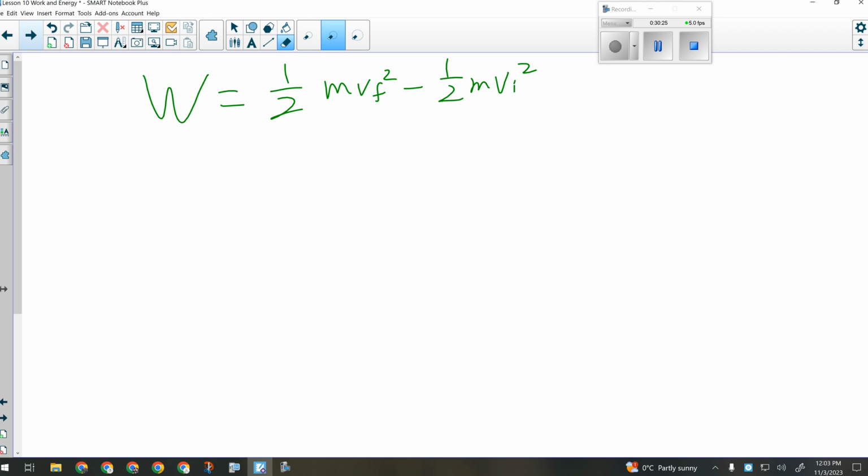If I have a vehicle traveling along the road and I want it to stop, its final energy would be 0, and the work needed to stop it would be equal to its kinetic energy. Would you agree? I want to go from having X amount of joules of kinetic energy to having 0 joules of kinetic energy. That change in energy is the work that's going to have to be done to stop that object.